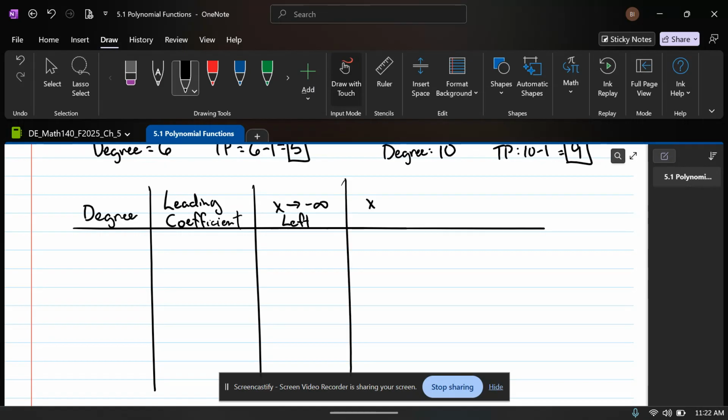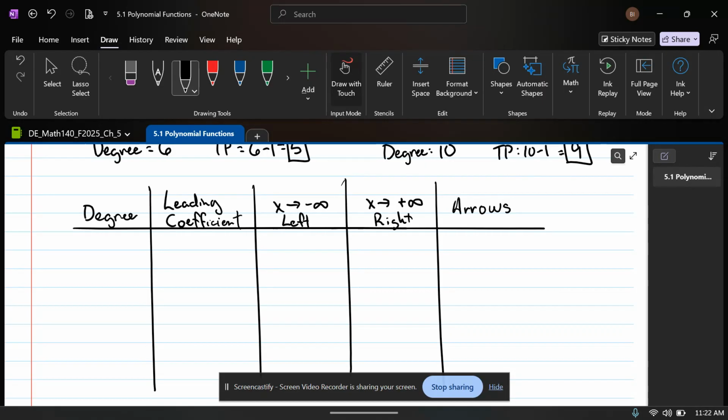As x goes to positive infinity, that would be to the right. And then I'm going to use arrows. All right. So degree can be 2 types of degree, odd or even. That's the only kinds of degree you have.